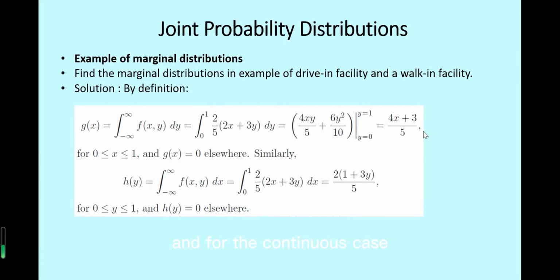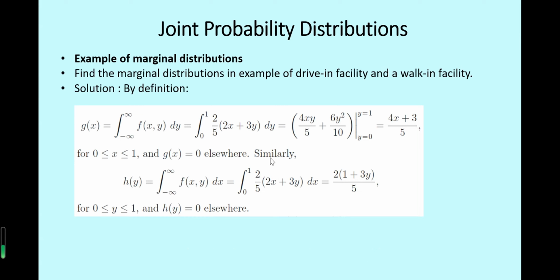For the continuous case, for example the drive-in and walk-in facilities, you can get the marginal distribution g(x) using the integral of f(x,y) over dy. The result is (4x plus 3)/5 for x between 0 and 1, and equals 0 for other x.